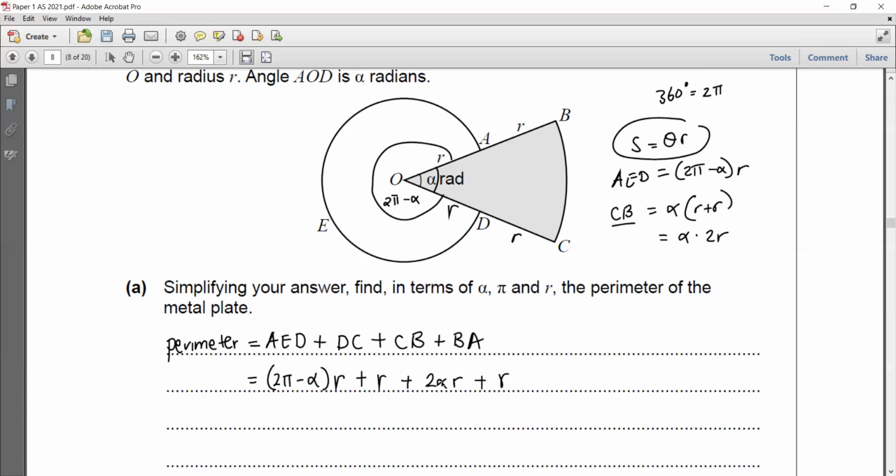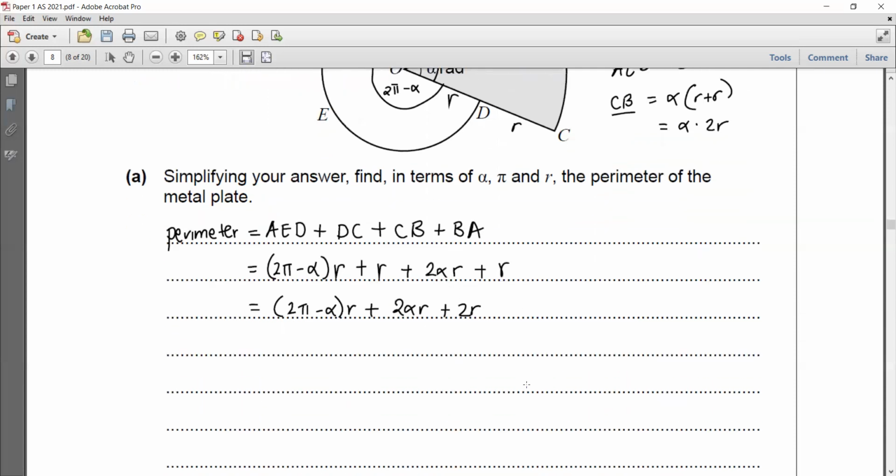Okay, simplify where possible, collect any like terms that you have. So here I see I have an r and I have an r. So this is 2 pi minus alpha r. Then I'm just going to write this one first. I have 2 alpha r, and then r plus r is 2r. You can factor out the r.